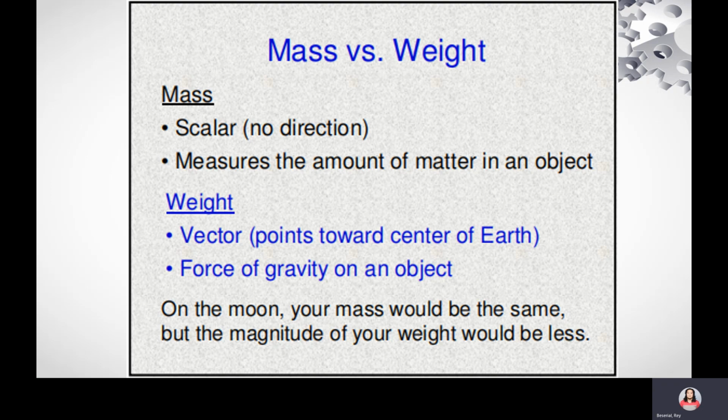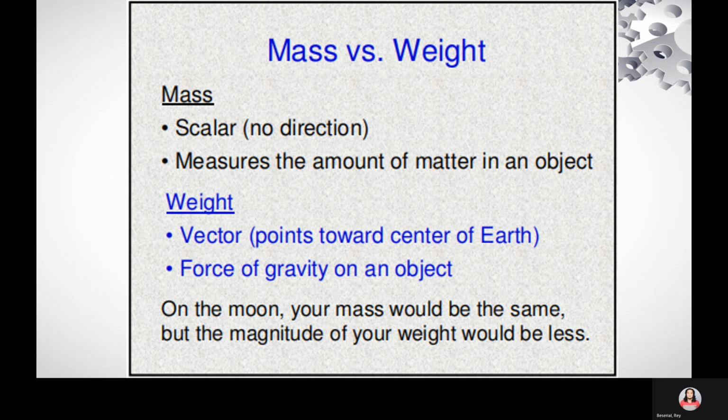Yung gravity na 9.81 meters per second squared is exclusive lamang sa Earth. Depende kung what planet you are on, kung anong gravity meron doon, dun mag-vary ang weight. Ang mass is constant kung ano ang mass ng isang object.